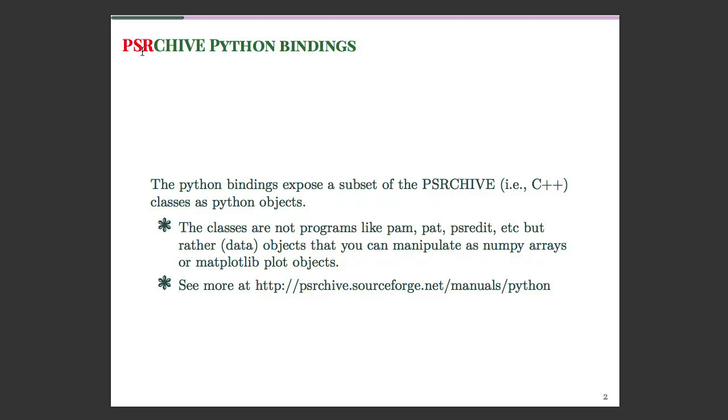So this first description is not completely correct, but it's correct in the sense that there is no import Psrchive and then psrchive.pam. There's no such function called pam. Instead, you can read in an archive, and then you can do fancy manipulation within Python. You can use all of the power of Python that is available to you. You can do whatever you want with these arrays.